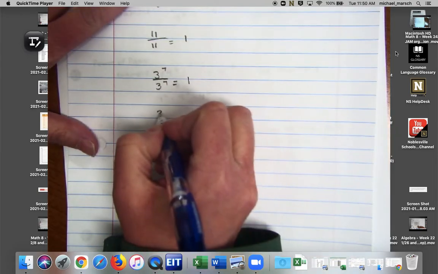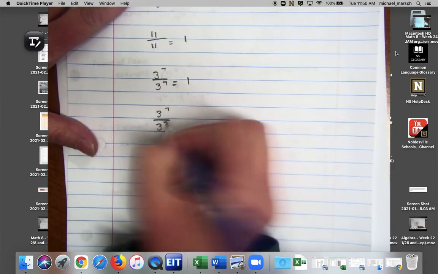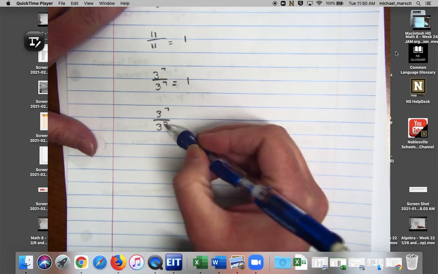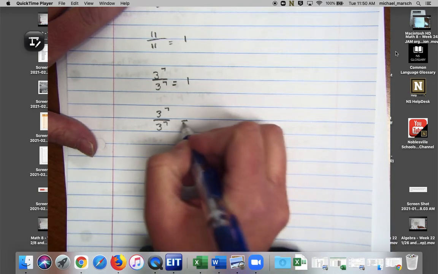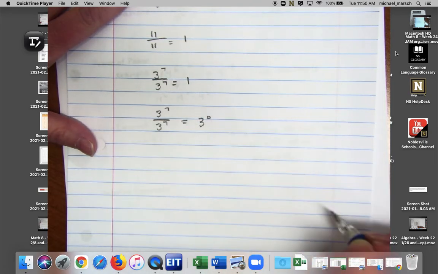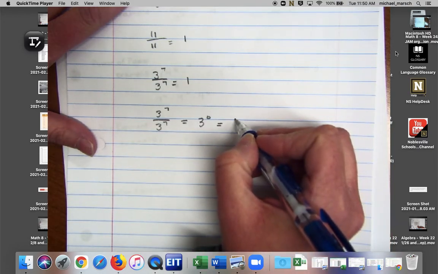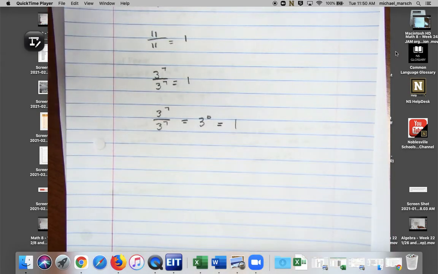Okay, so then we just talked about when we have quotient of powers, what do we do to the exponents? Subtract them. So if I subtracted these, I'm going to get 3 to the 0 power, which equals 1. Okay, whew, that was a little intense there.